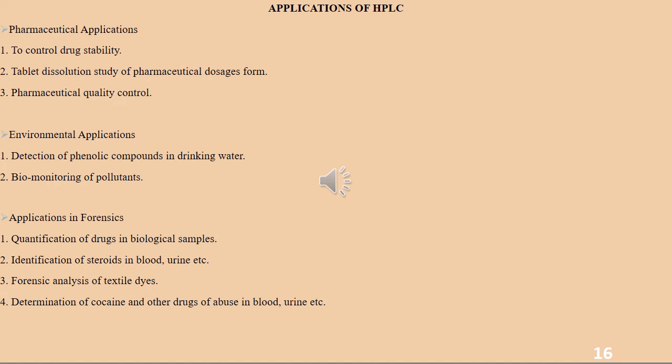Next is application in forensics, that is quantification of drugs in biological samples, that is blood, urine, etc. Identification of steroids in blood, urine, forensic analysis of textile dyes. Lastly, determination of cocaine and other drugs of abuse in blood and urine, etc.